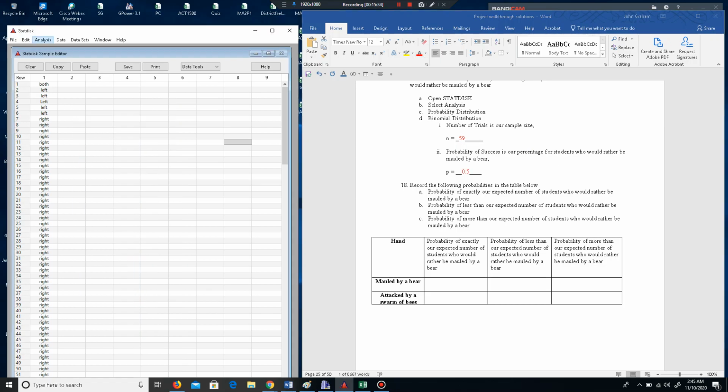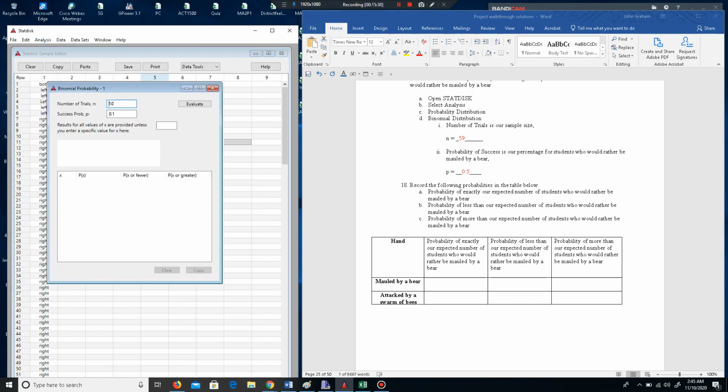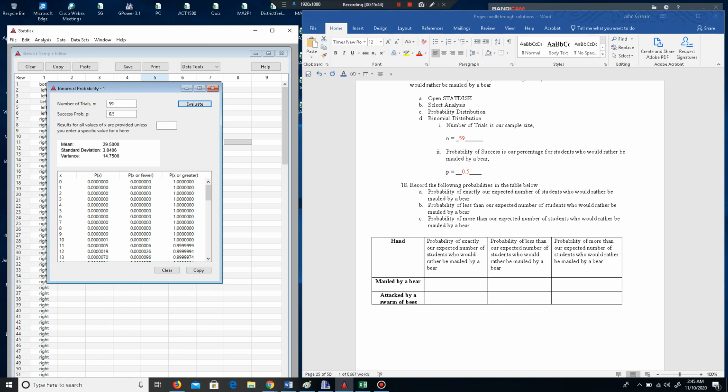So we come here, analyze probability distribution, binomial, 59, 0.5, and we get mean 29.5, standard deviation 3.84, and all these based on the 59. So we come down to expected value, we're about 10% here for 29 or for 30.